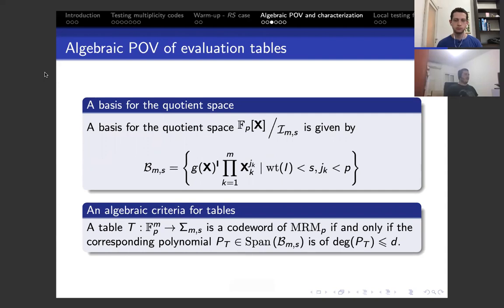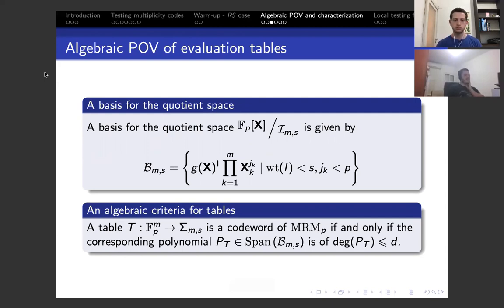Okay, so a basis for this quotient space. We choose a basis for the quotient space F_p[x] modulo I_{m,s} by g(x)^I times x_k^{j_k}, where the weight of I is less than s and j_k is less than p.